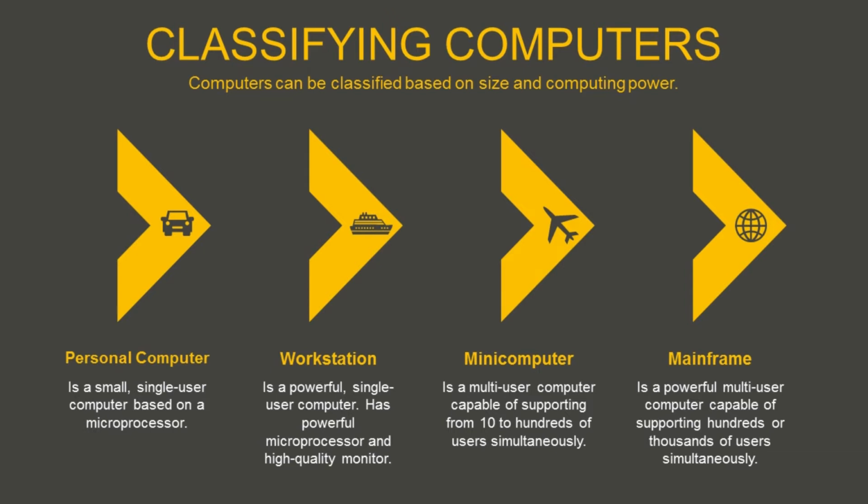However, as technology advances, these classifications tend to overlap as modern computers have become smaller yet more powerful and relatively cheaper. So before, when the computer was invented, computers were all big, but now they are getting smaller, faster, and more powerful, no?